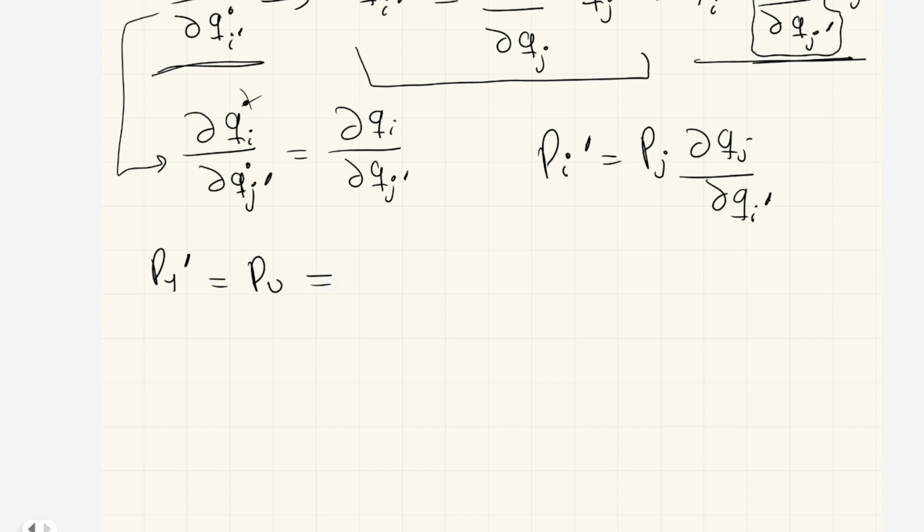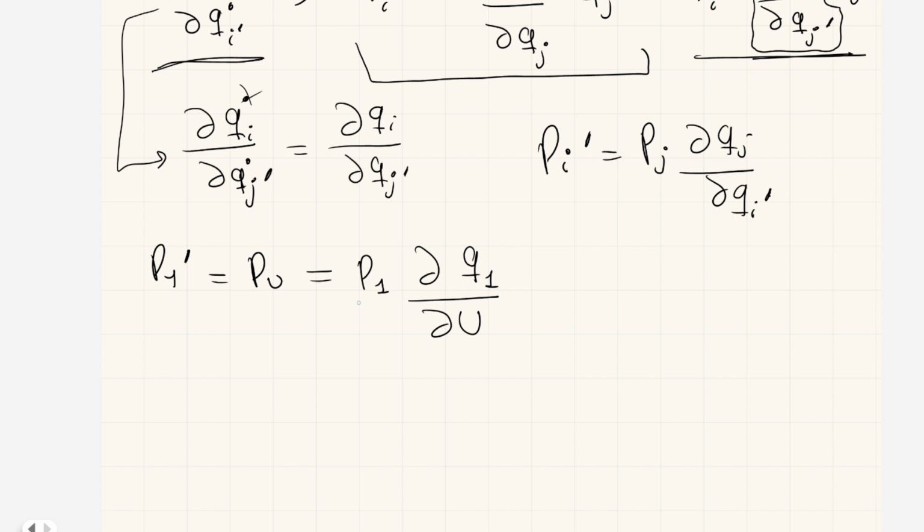So we will get, looking that we have a double sum in the j index, this will be p1 times the derivative of q1 with respect to q1 prime. But q1 prime is u, and p1 is, of course, px, and q1 is x, so the derivative of x with respect to u. But remember that we have a double sum.